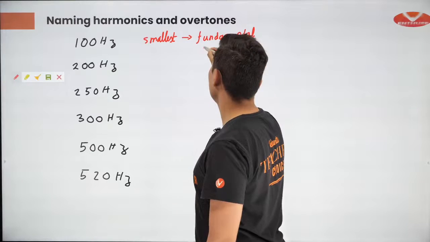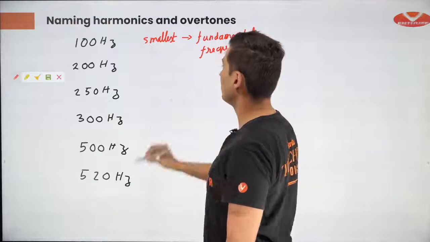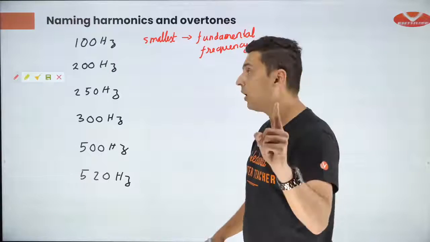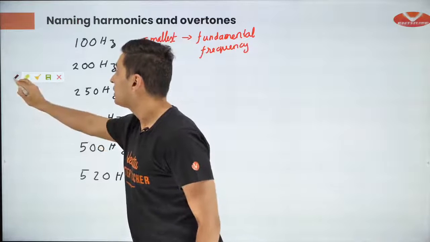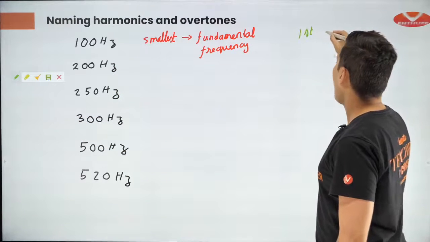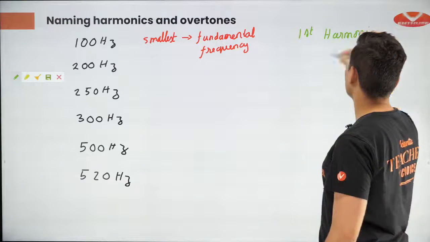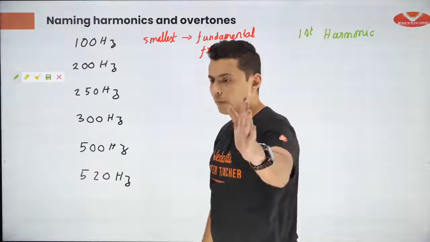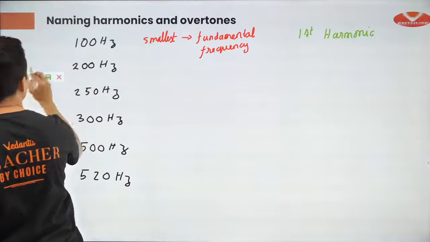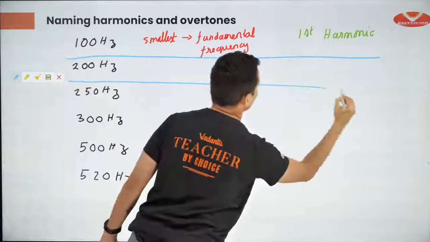Now, the fundamental frequency is also called the first harmonic. What is it called? The first harmonic. Now, if this much is clear, very important, hold on, let me just draw lines over here so that there is no confusion.